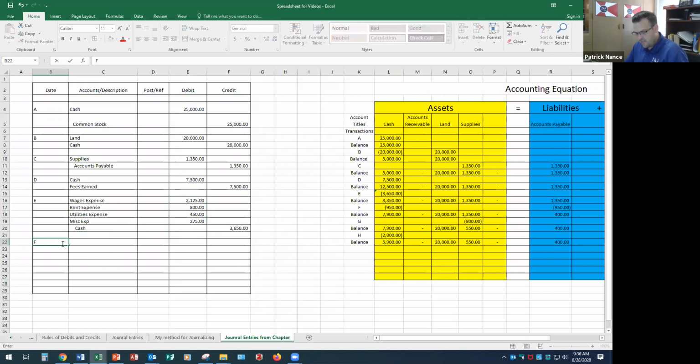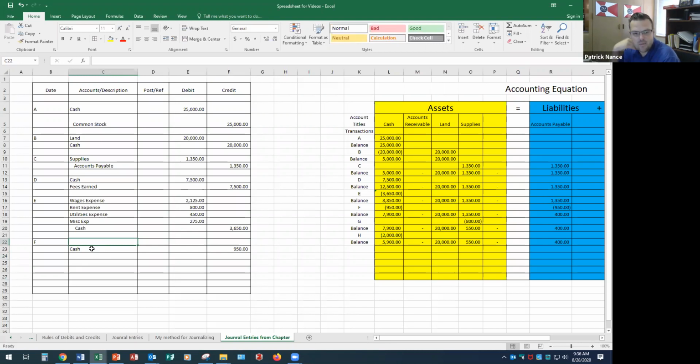Transaction F says that I paid creditors on account $950. Okay, so first thing, that word paid means I used cash, but I paid somebody else, so cash goes down. So I credit cash for $950. And the creditor is somebody that I owed money to. So I need to have a liability here, because if I owed them money, that means there was a liability.